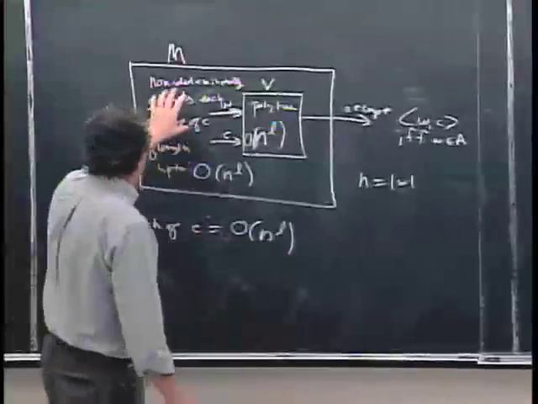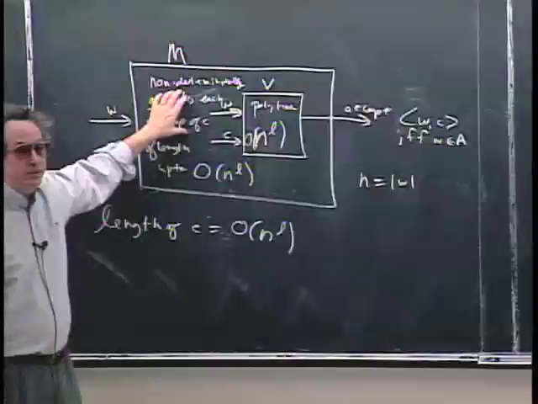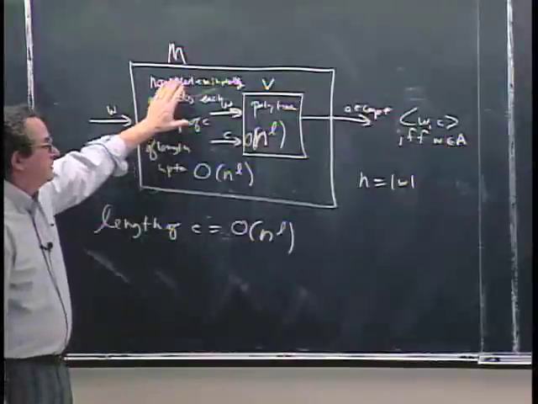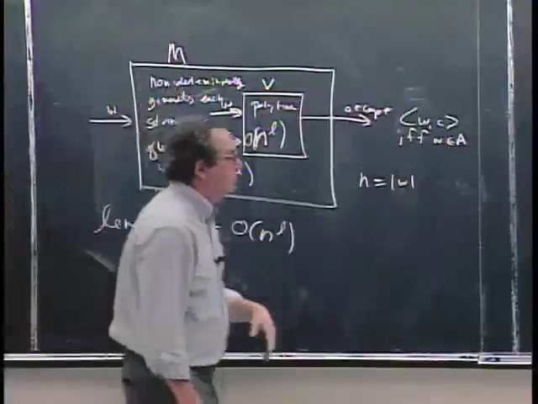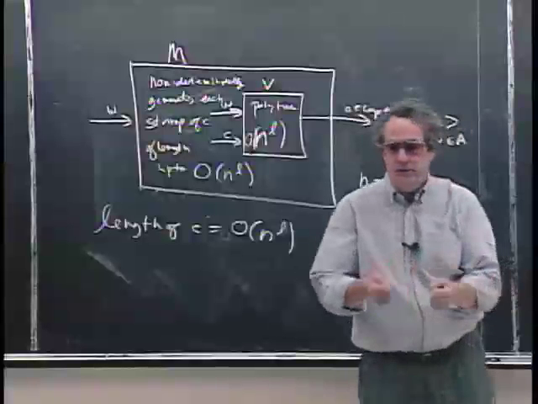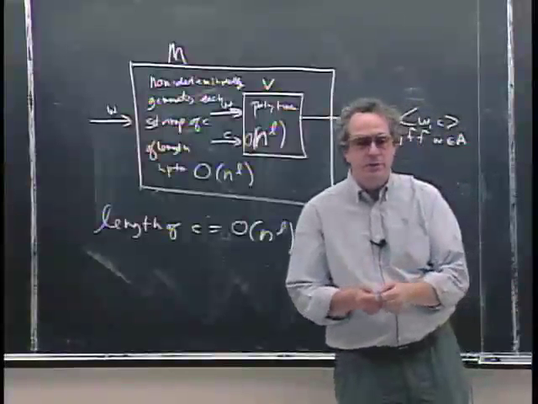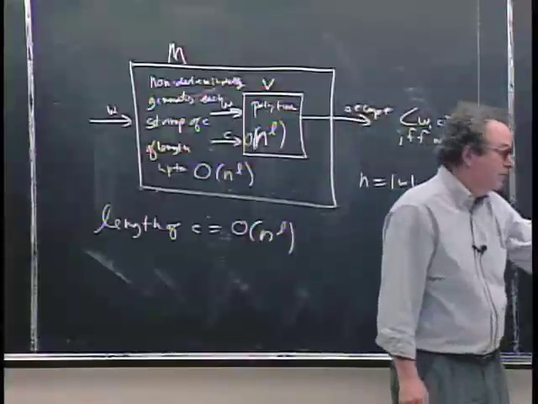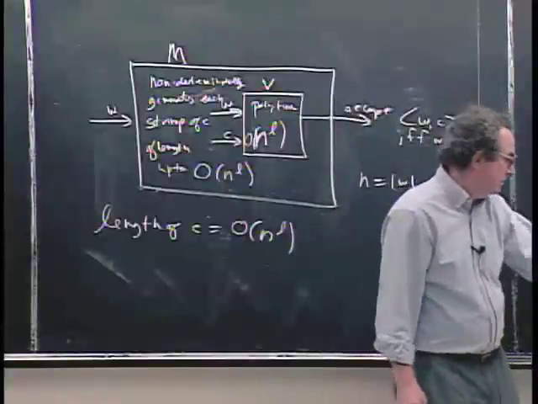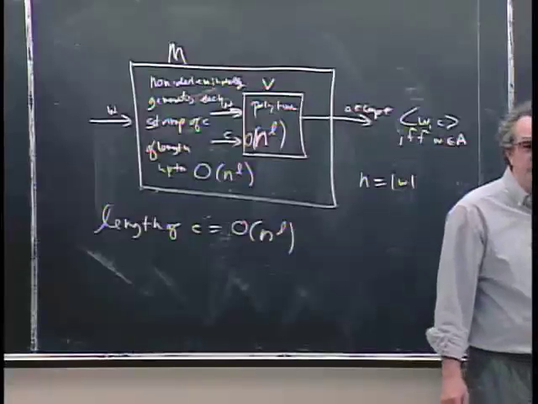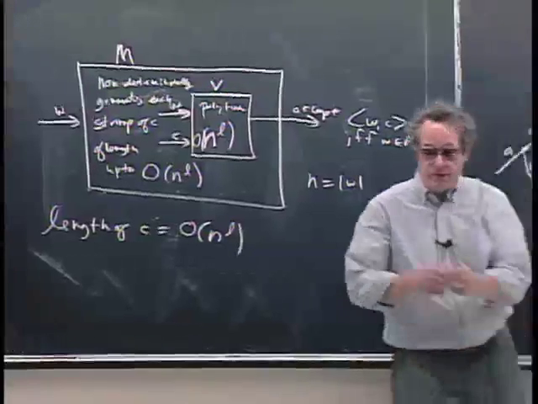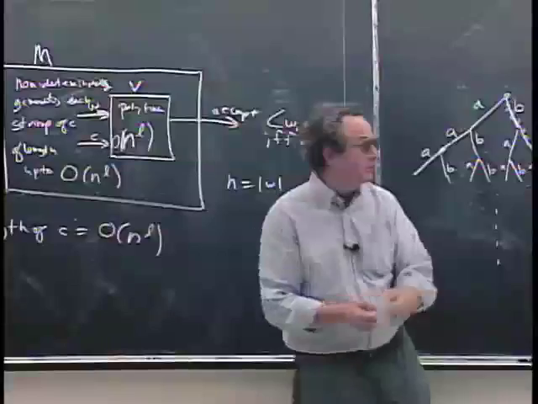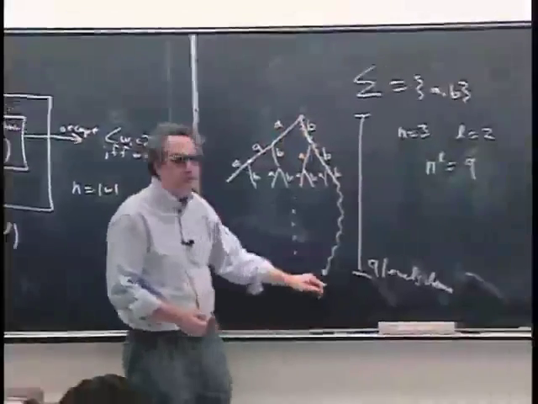Okay, so inside here we have this non-deterministic Turing machine, whose instructions are to non-deterministically generate a string of length n to the L. But its computations are such that any one of those strings could be generated.